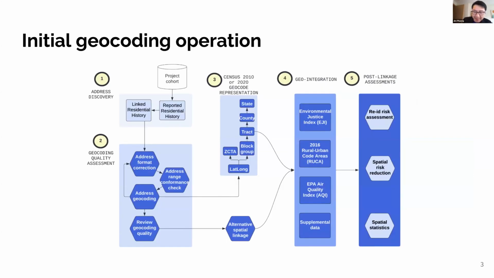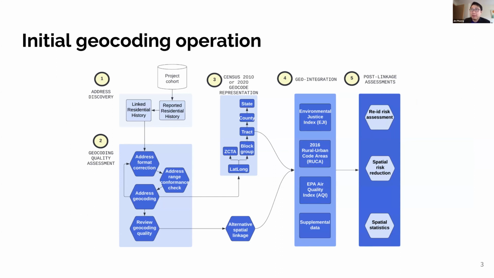About a year ago, Anne and I and Kristen got started with a project called the National Institute for Health, All of Us Research Program, Center for Linkage and Acquisition of Data, CLAD. With CLAD, we were charged to do multiple forms of data linkage.